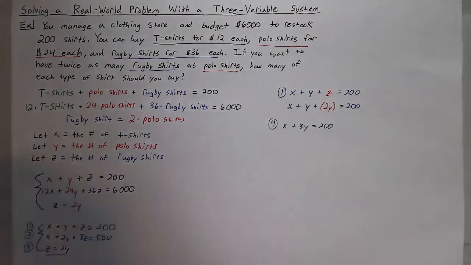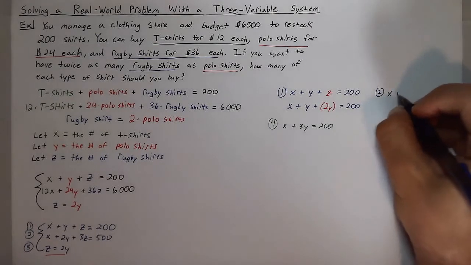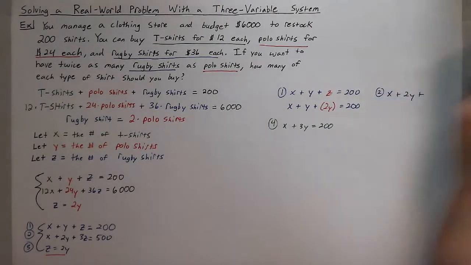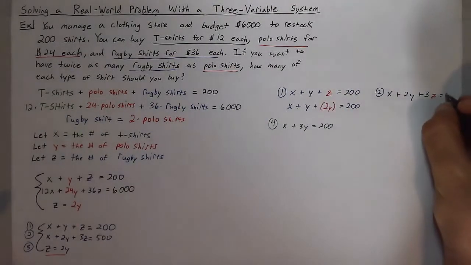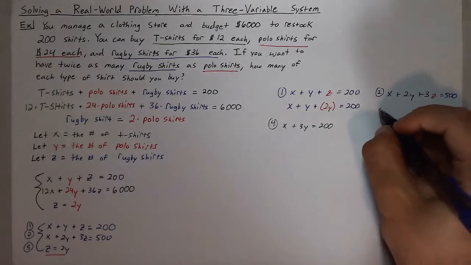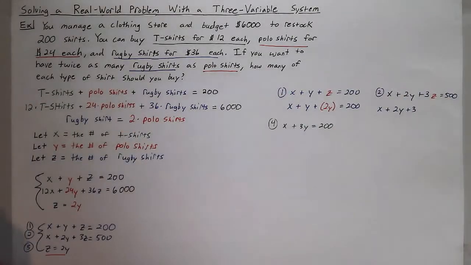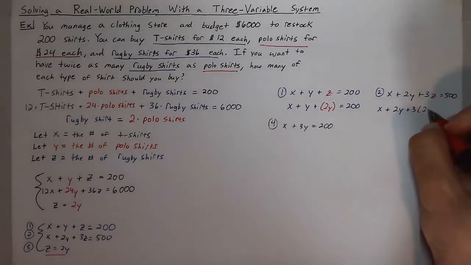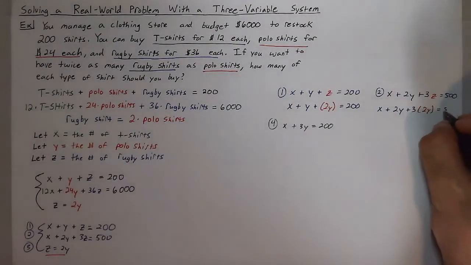Now I'll also take the second equation and substitute in z. Second equation is x plus 2y plus 3z is equal to 500. Now I'll have x plus 2y plus 3 times 2y is equal to 500.